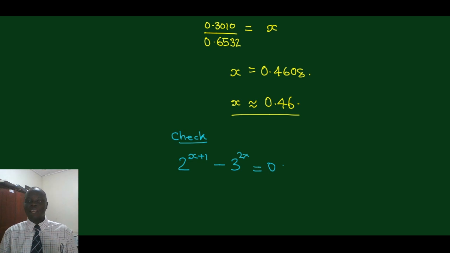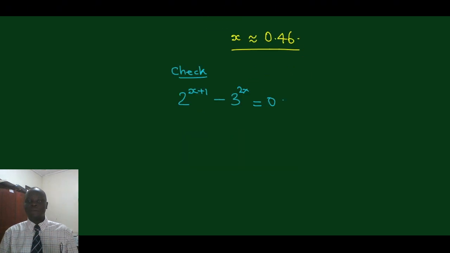Now let's take the left hand side of this expression. Left hand side is 2 to the power of x plus 1 minus 3 to the power of 2x. This is equivalent to, wherever we get x, we're replacing it by this. So the first one is going to be 2 to the power of 0.46 plus 1 minus 3 to the power of 2 multiplied by 0.46.